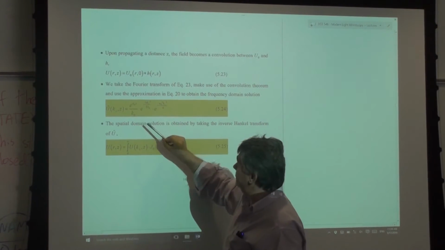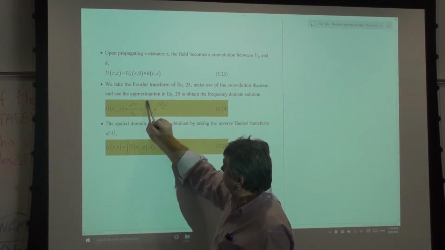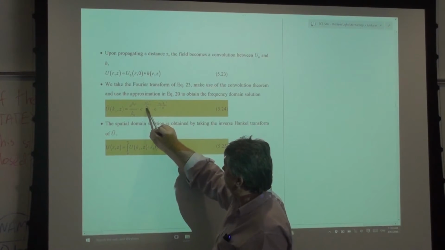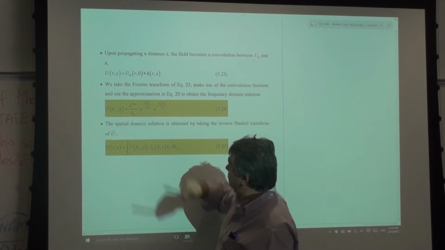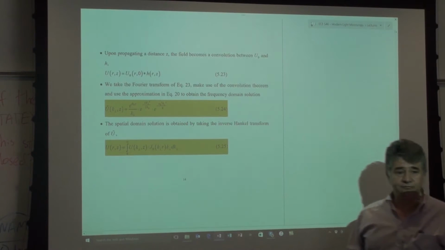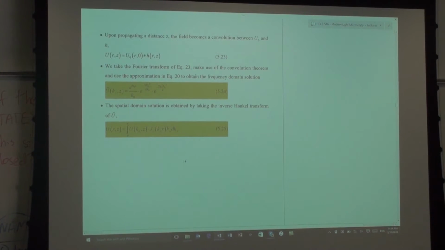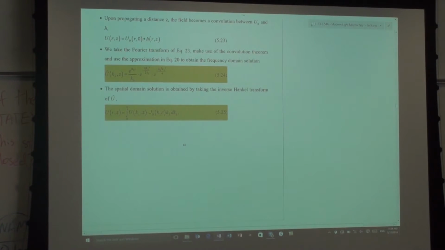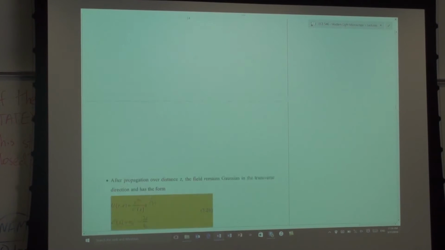I multiply it with the Fourier transform of my Fresnel kernel H, which we found to be K perpendicular squared over 2K naught with a Z in there. Okay? So you take this and you want to bring it back into the spatial domain. So I need to do this integral.